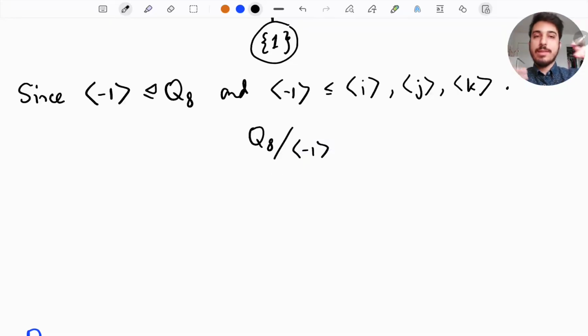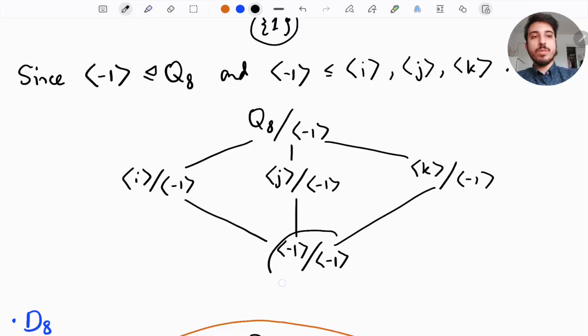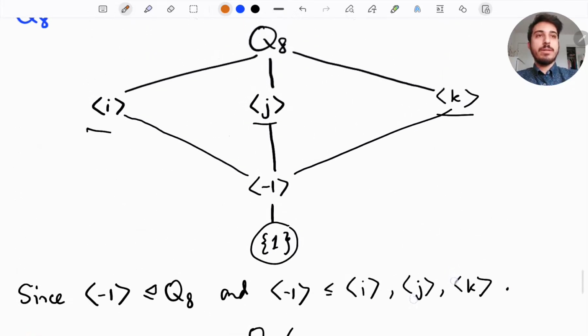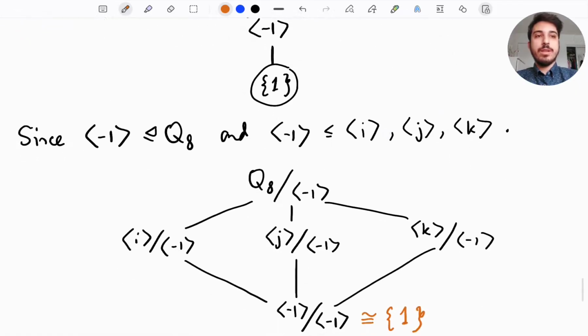This gives us the same exact lattice, the same exact structure, just reduced by -1. And -1 is collapsed onto the identity. So this is isomorphic to the identity, containing only one element. So if you look at both diagrams, you can see we have collapsed everything modulo -1.